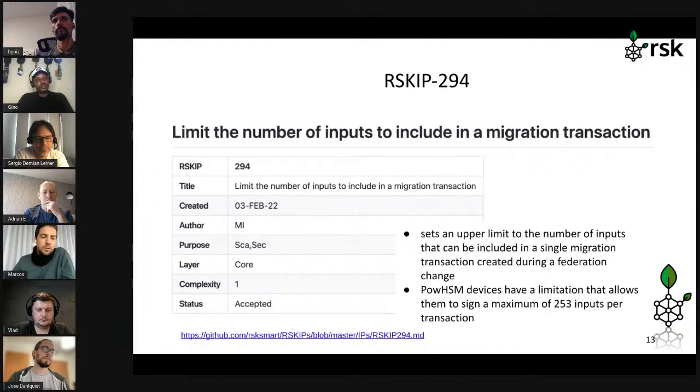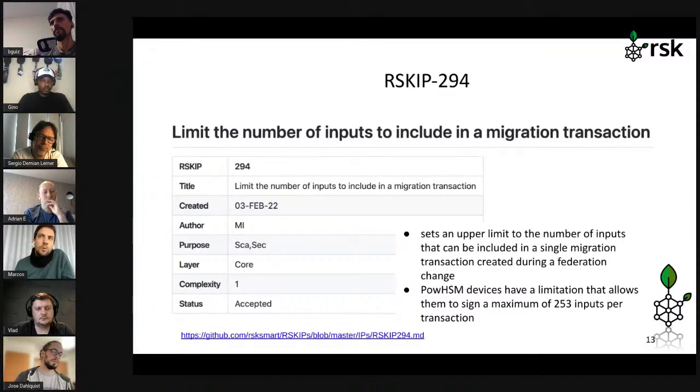Yeah, something important here is that this limitation we added only for the migration, not for the regular payout transactions. The reasoning behind this is that nowadays it's almost impossible that a regular payout transaction would consume more than 250 inputs. To this day, it would imply like taking away all the funds from the bridge in a single payout.